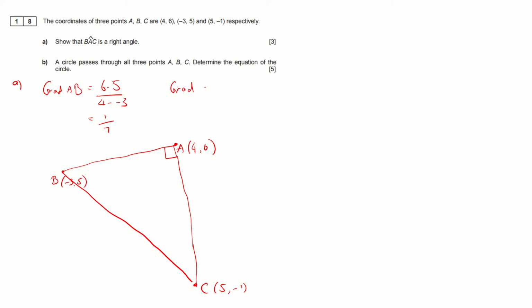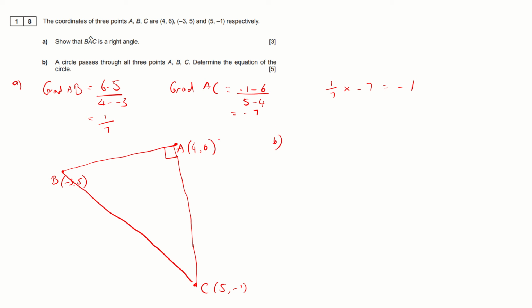Gradient of AC is -1 minus 6 over 5 minus 4, which is -7, and therefore they are the negative reciprocals of one another. 1 over 7 times -7 is -1. They're perpendicular. That's part A.